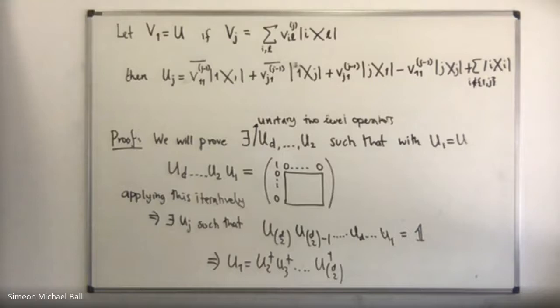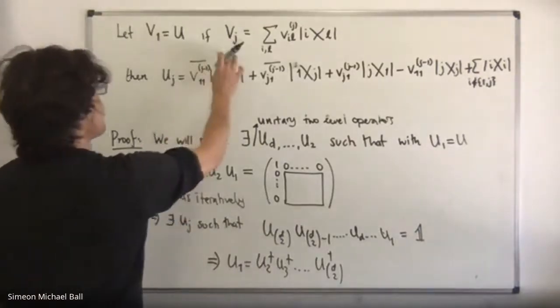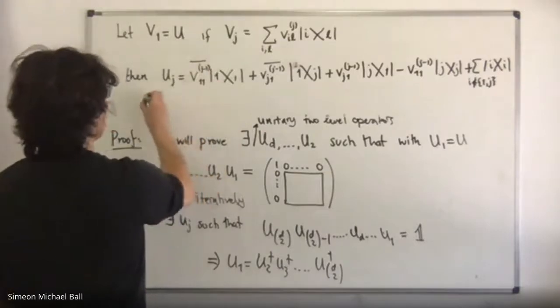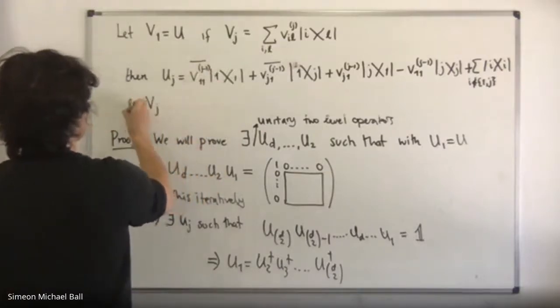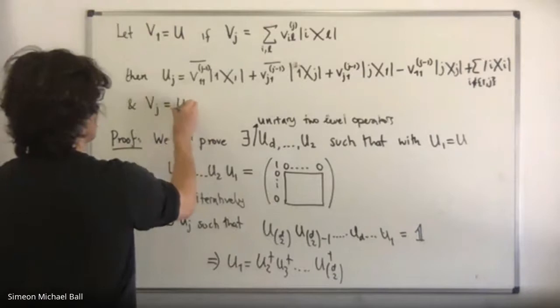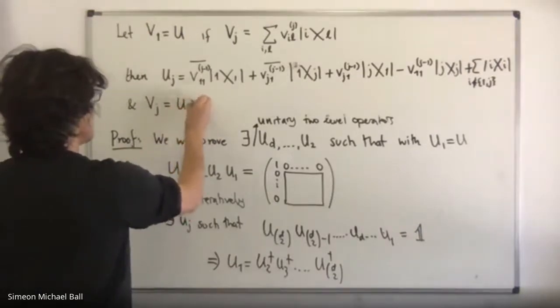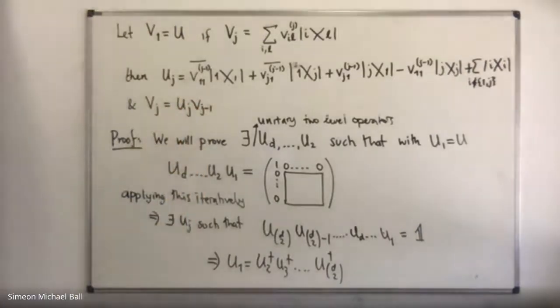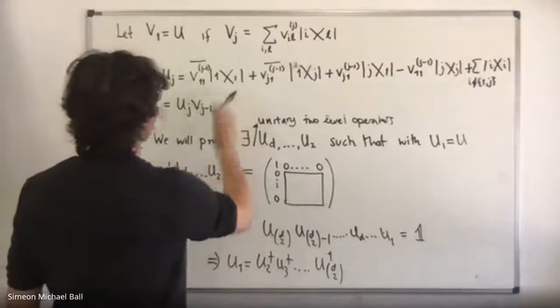Right. So now I have Vj minus 1. That gives me Uj, and then Vj is Uj Vj minus 1, right? So let's see, what's V2?